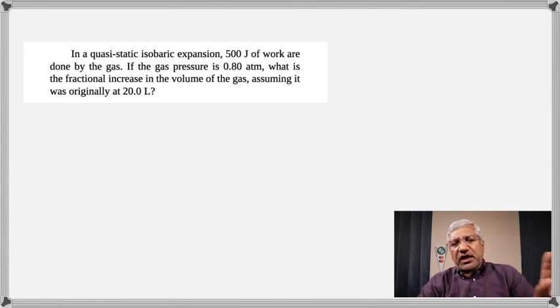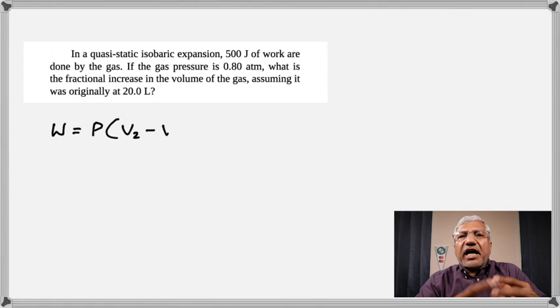It's quasi-static isobaric, very slow process that takes place at constant pressure. The work done is 500 joules, and that's the work done by the gas. Pressure given in atmospheres, and then you've got to find the fractional increase in the volume, assuming that the original was 20.0 liters. Okay.